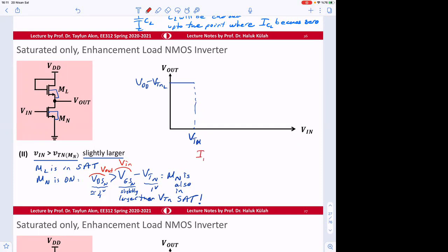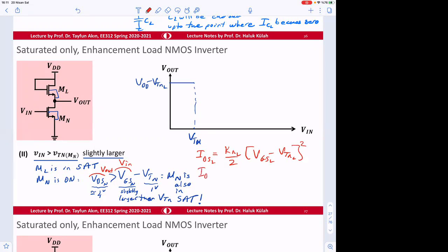So if both transistors are in SAT, we know that I drain to source of L is equal to Kn of L divided by 2, times V gate to source of L minus V threshold of N of L, squared.